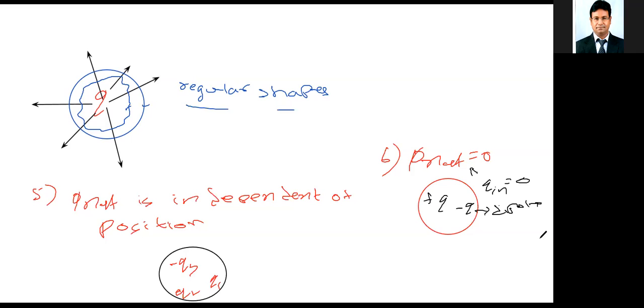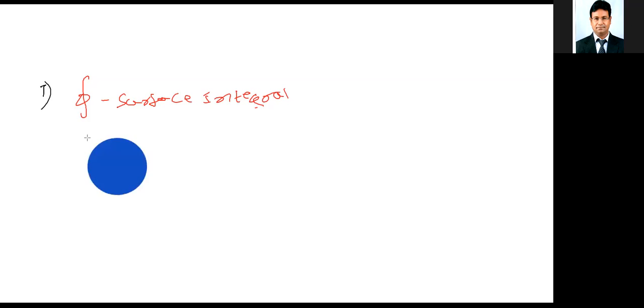Then coming to another aspect, we were talking about the integral. When I said integral, I represented it as a surface integral. Suppose there is a solid sphere of some radius r, from the center to here the radius is r.